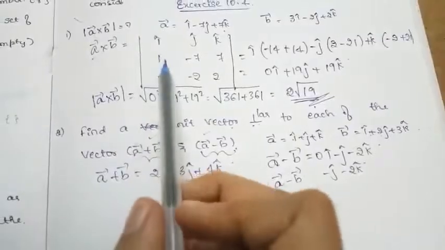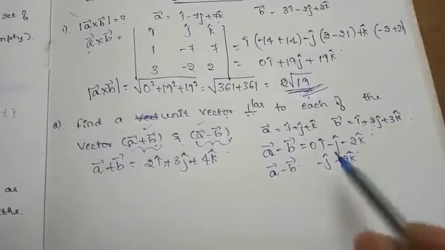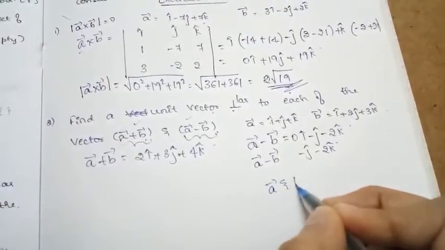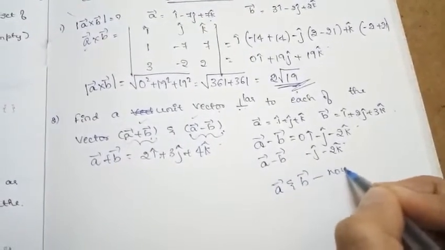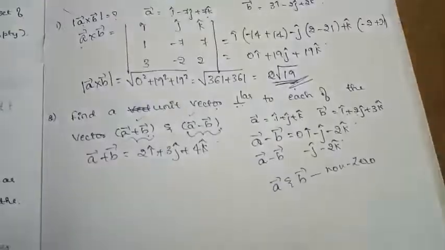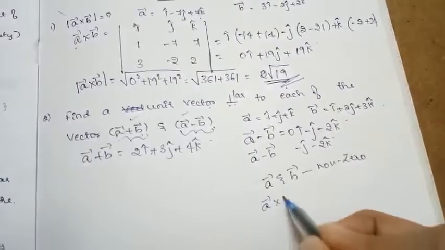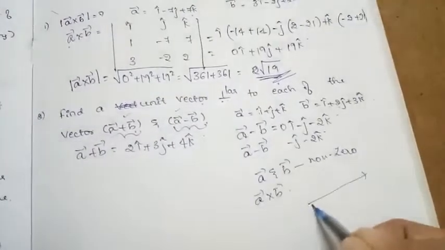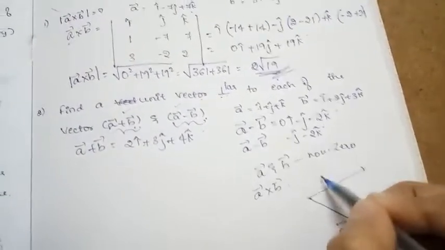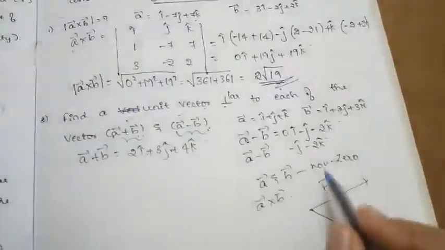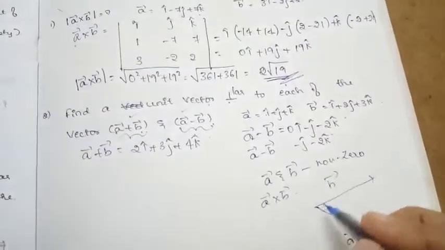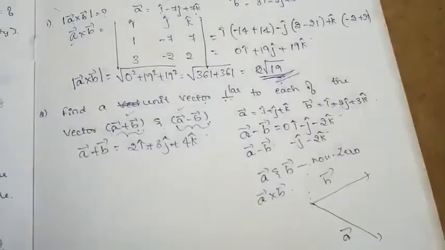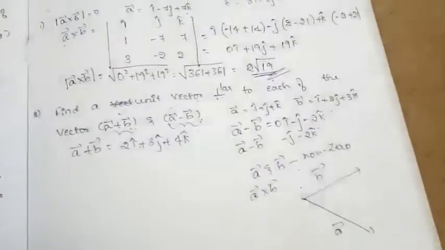While explaining the cross product itself, I said that if vector A and vector B are two non-zero vectors, then vector A cross vector B will be in the direction perpendicular to both vector A and vector B. That is the right hand thumb rule.